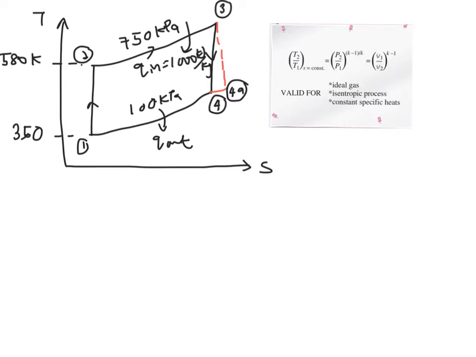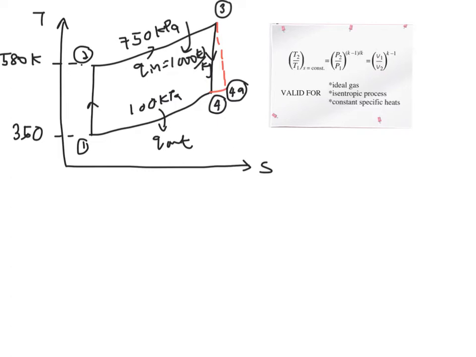In order to use this relation, the working fluid must be an ideal gas, and it is valid only for an isentropic process and at constant specific heats. The isentropic processes in your diagram are process 1 to 2 and process 3 to 4.